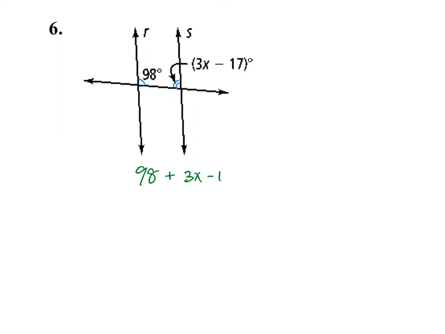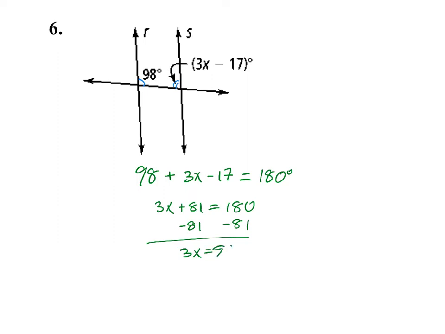So 3x minus 17 equals 180. Now I'm just solving that equation right here. So 3x plus 81 equals 180. Minus 81, so 3x equals 99, and divide by 3. So x equals 33 degrees.